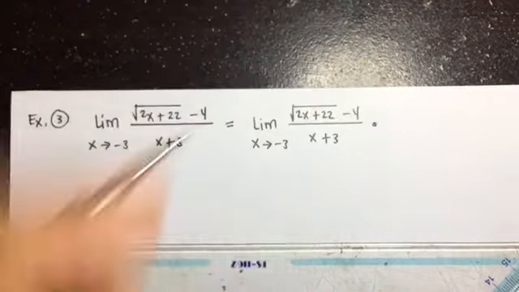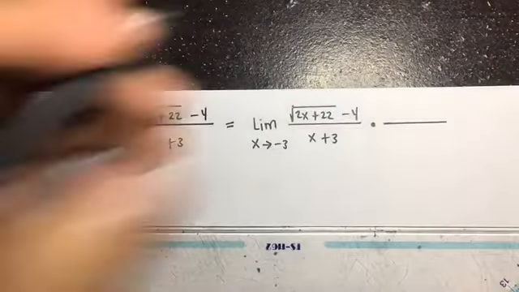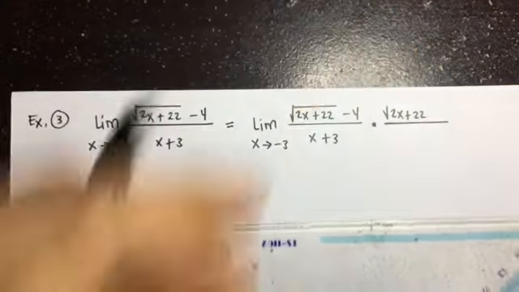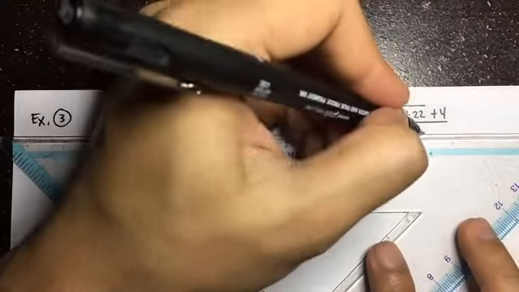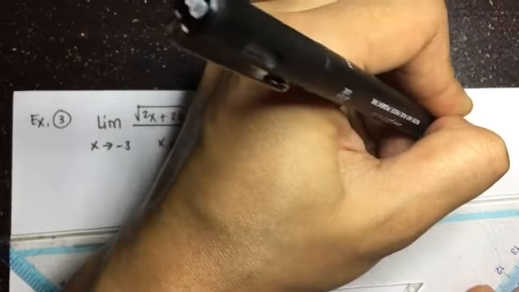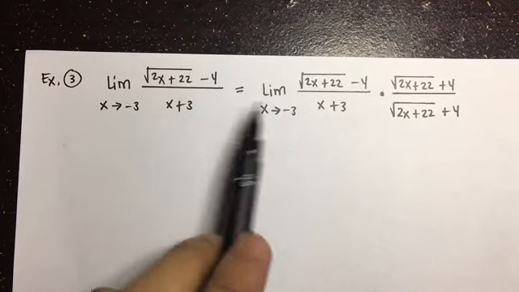So we can multiply and divide by square root of 2x plus 22 plus 4 over square root of 2x plus 22 plus 4. Why did we do that? Again, to eliminate the square root.